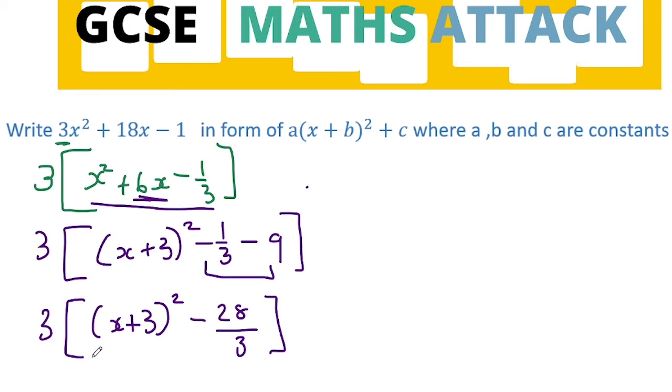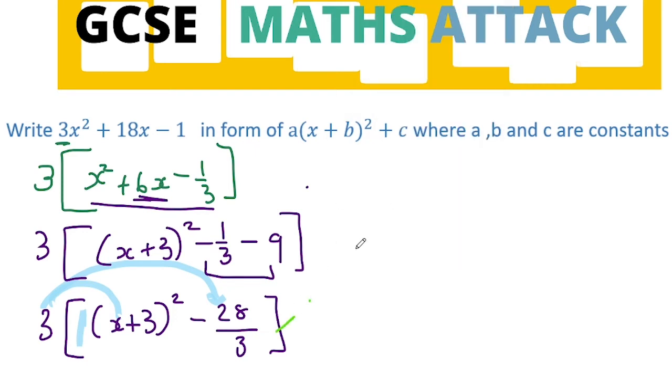Now, in order to remove this big bracket, all we have to do is expand the bracket. So you're going to multiply 3 by 1, because there's an invisible 1 here, and 3 by minus 28 over 3.